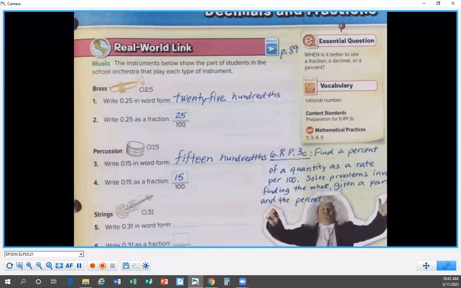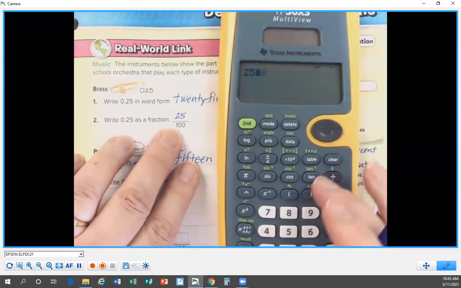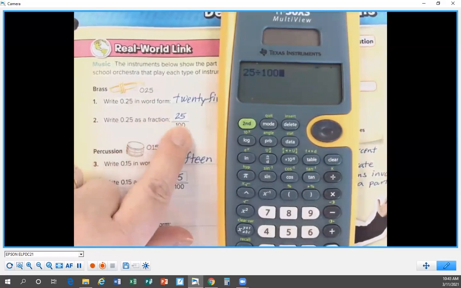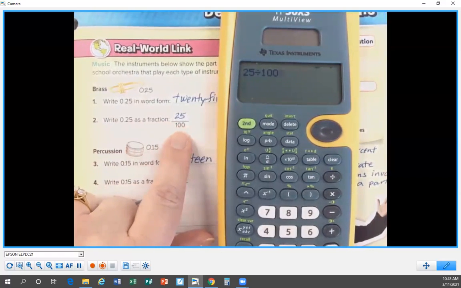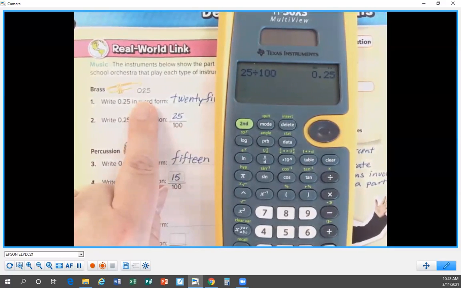Okay, and we can check that with a calculator while we're learning. We won't be able to use a calculator while we're testing. This is something that you are expected to know very thoroughly without a calculator. But if you're ever not sure, you can simply divide it out, 25 divided by 100, because remember that the fraction bar means divide. 25 hundredths is 0.25. So you did that correctly.